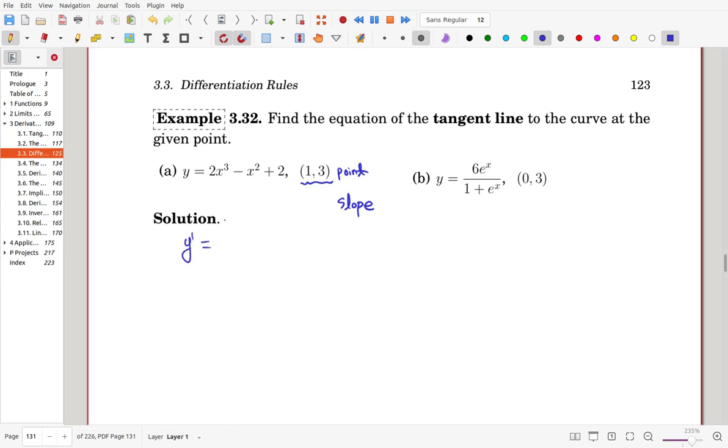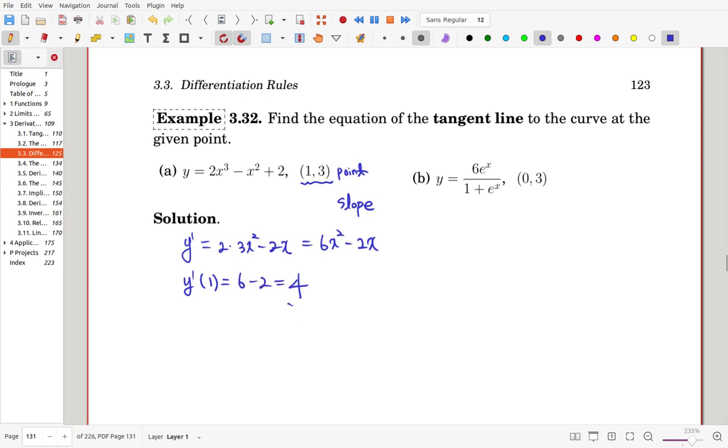Okay, y prime equals 2 times x cubed, which is 3x squared, and minus x squared, which is 2x. And that derivative is now 0. So we can rewrite this one as 6x squared minus 2x. Here y prime at x equals 1 is 6 minus 2, which is 4.